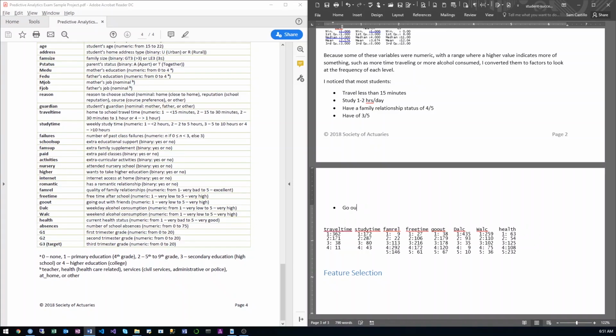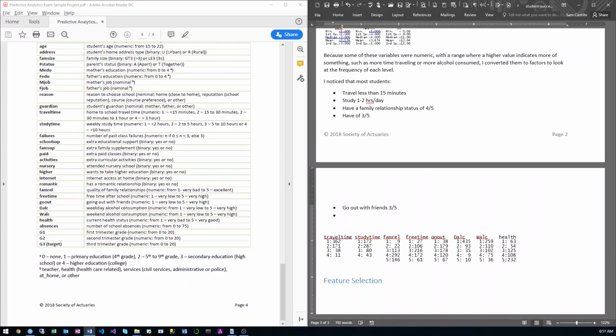I don't know, the interpretation here is really vague. 3 out of 5. Maybe this means like 3 out of 5 days per week. I don't know. Dalc is weekday alcohol consumption. 1 is very low, 5 is very high.